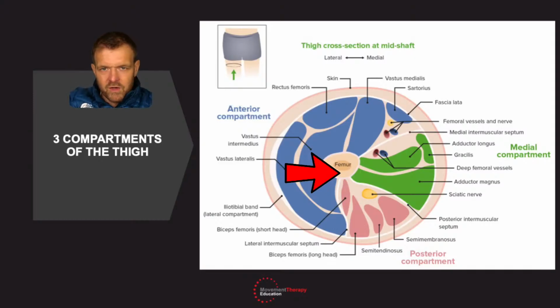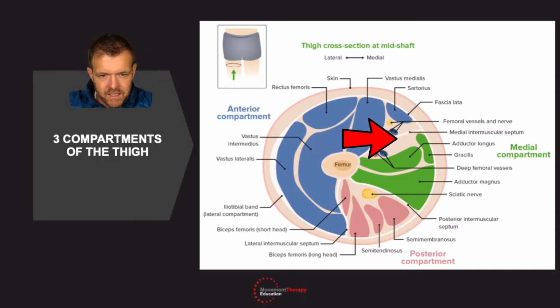If you don't know the game, Google it. You've got the circle around the whole leg, and in the thigh, you've got three wedges. One at the front, one at the back, one on the side. And all of those are sectioned off by these septums.